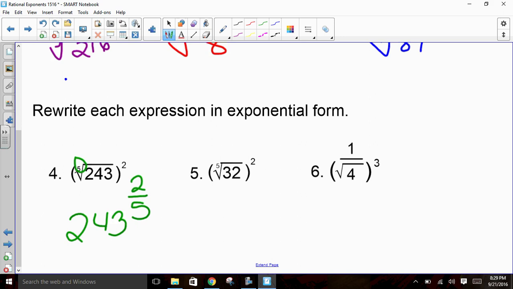Number 5, we're going to have that 32, some exponent. The denominator is going to be that index of 5. The numerator will be that power of 2. So I have 32 to the 2 over 5.